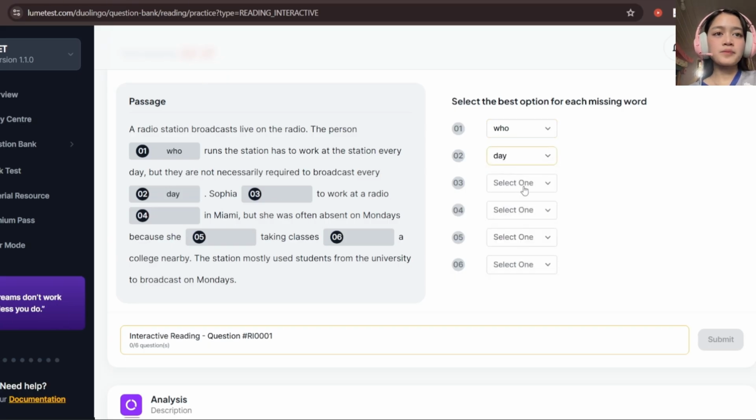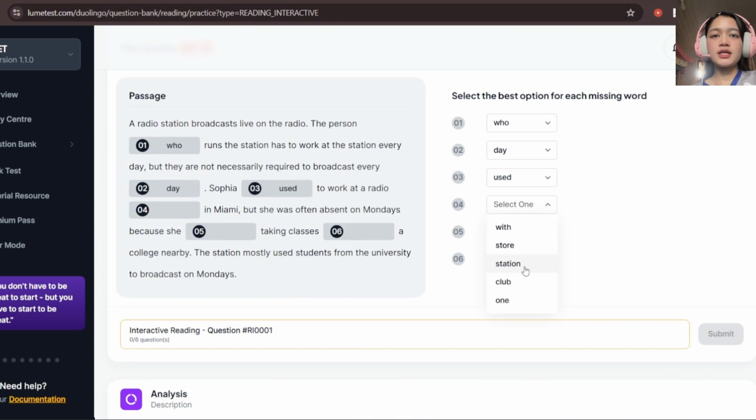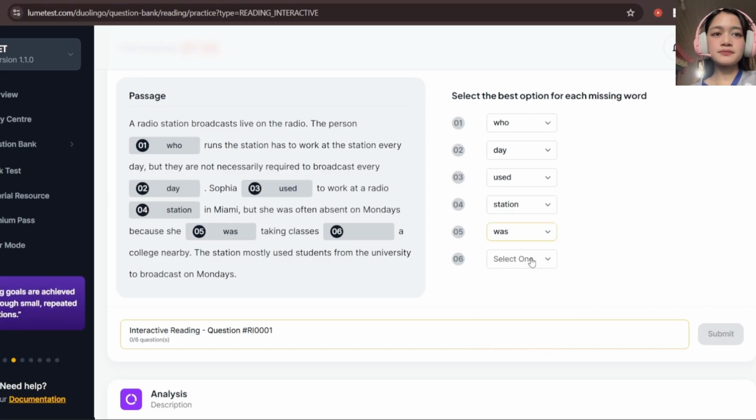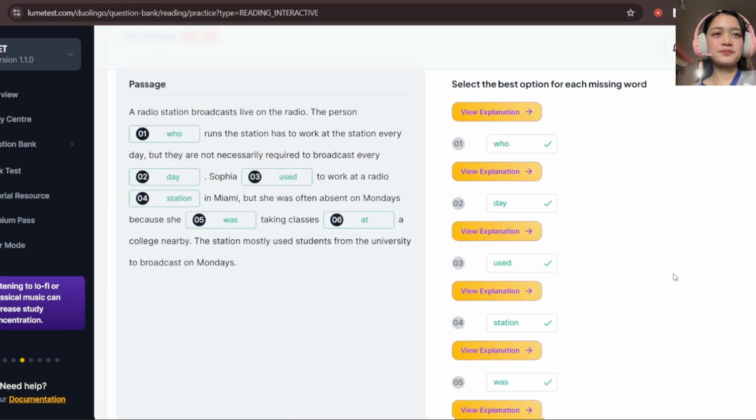Sophia used to work at a radio station in Miami, but she was often absent on Mondays because she was taking classes at a college nearby. The station mostly used students from the university to broadcast on Mondays.